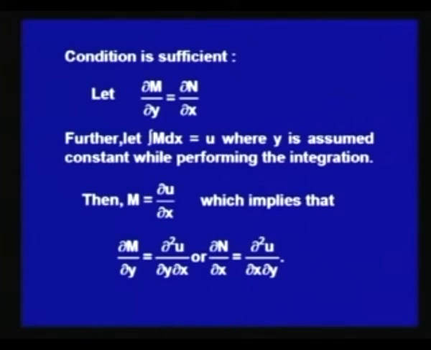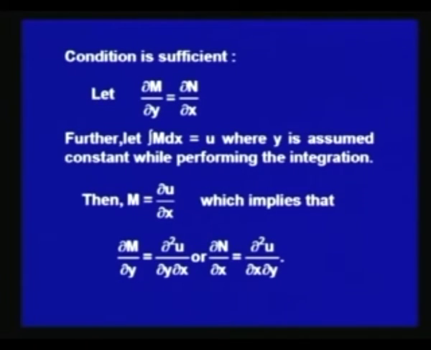So, let us assume that ∂M/∂y is equal to ∂N/∂x. Further, we assume that the integral of M with respect to x is, say, u, where while integrating we assume y as a constant. This will give us M equal to ∂u/∂x on differentiating partially with respect to x on both sides.